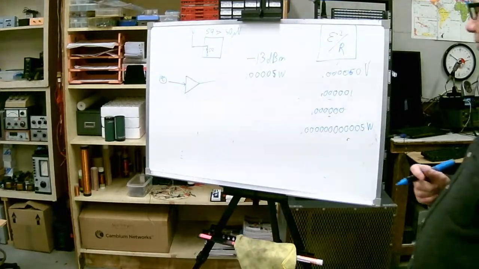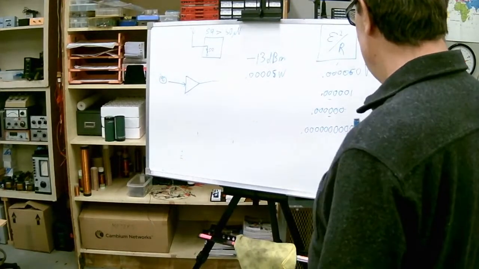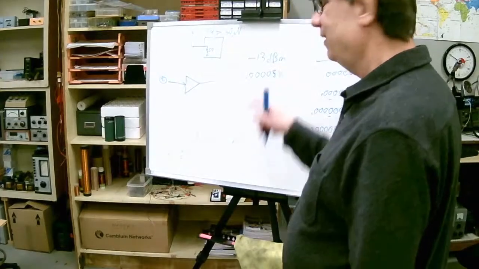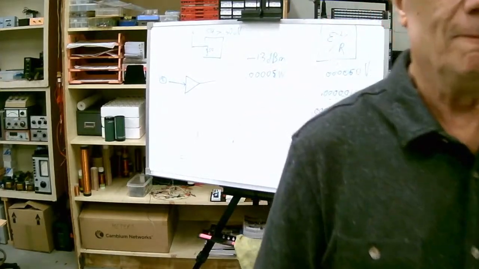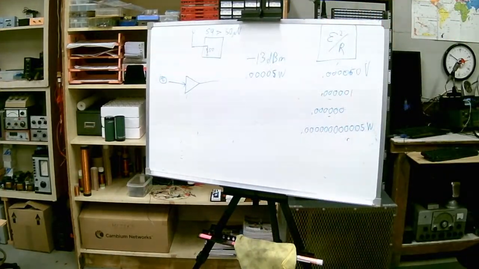Anyway, what do we have to amplify this by to get to that? Let's see, how many zeros do we want to get rid of? 1, 2, 3, 4, and that's 11 there?